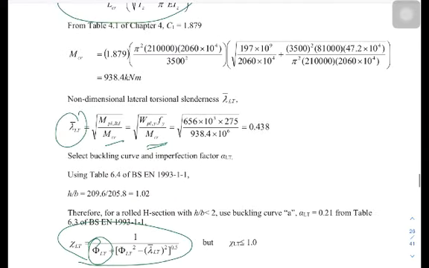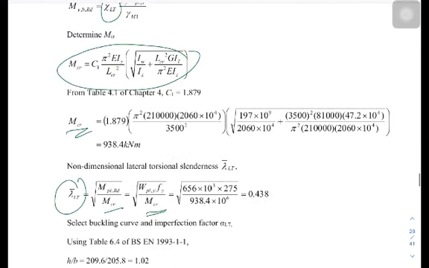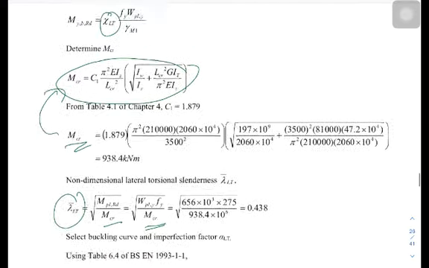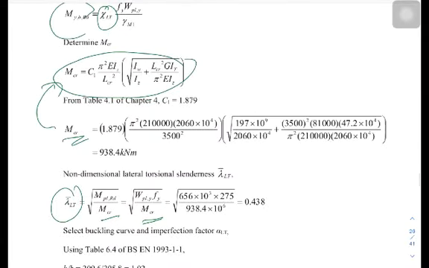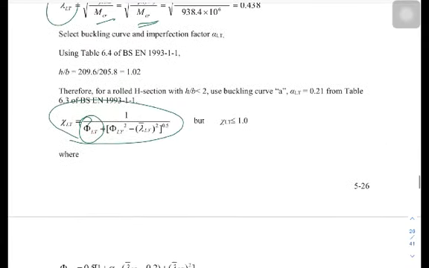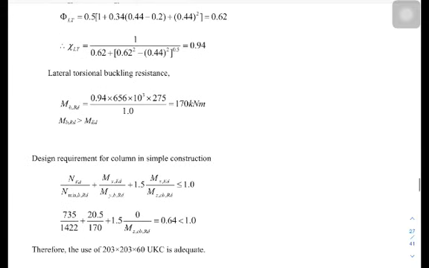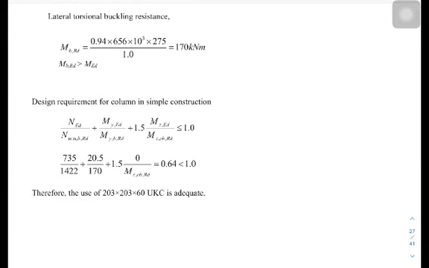And then you know MCR from here, and then you will get the value of MYBRD. So again, once you have got all the values, this is the value that I mentioned just now, plug it into this here, and it's less than 1.0, so the section is adequate. Right, thank you.